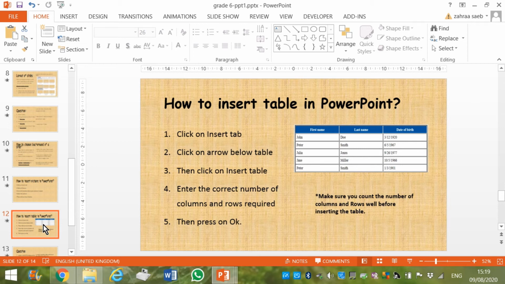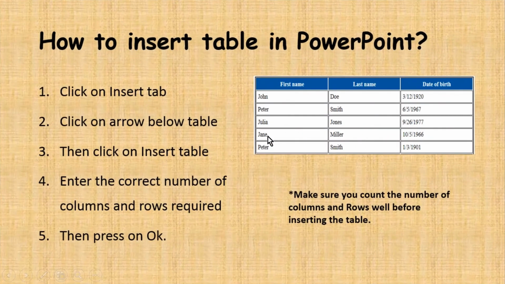Let's go through this table. We have one column, two columns, and three columns. And how many rows? 1, 2, 3, 4, 5, 6. I have 3 columns and 6 rows.